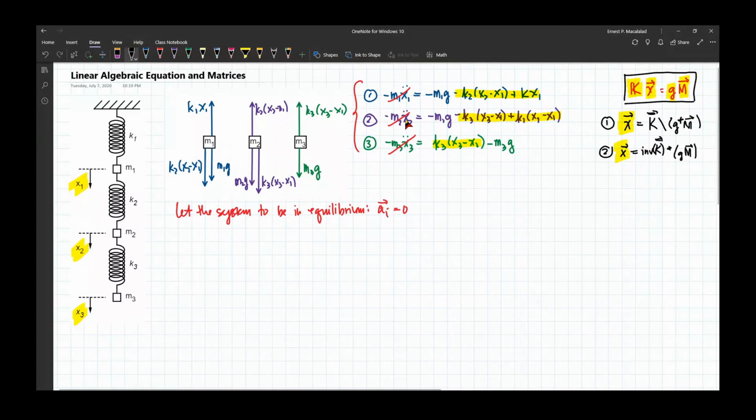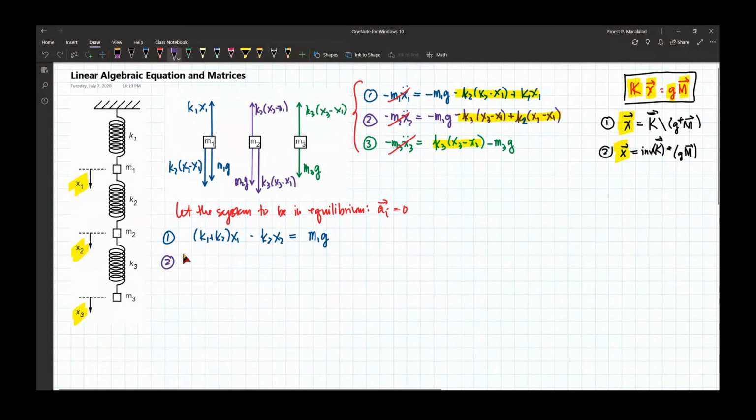Okay, so you can do the simplification later, but these three equations should become, so equation number 1 should be written as (k1 plus k2) x1 minus k2 x2 is equal to m1g.